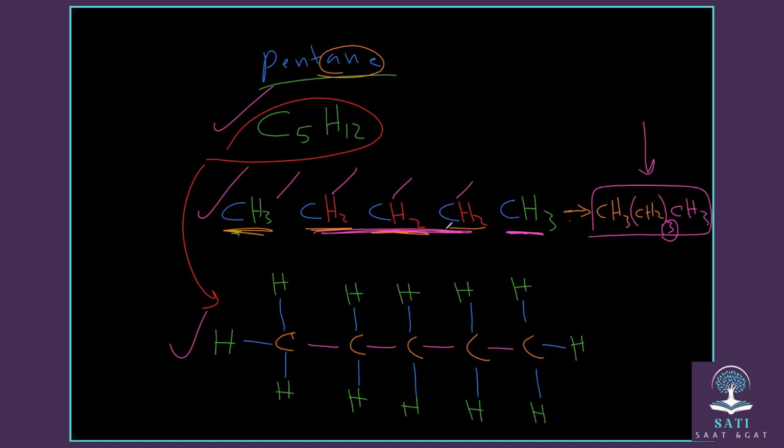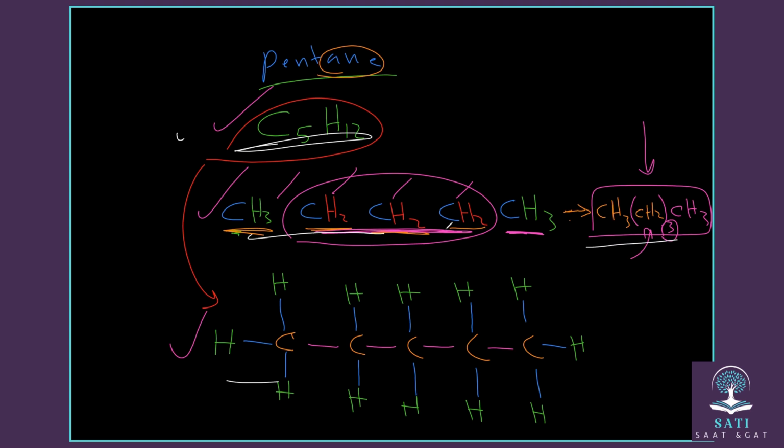So 3 of them, as you see here, repeated in the middle, so you write here 3. I hope that is clear. So pentane, memorize that, it can be written in 1 or 2 or 3 or 4 ways to write or to draw pentane.